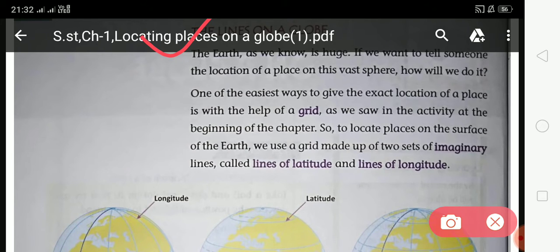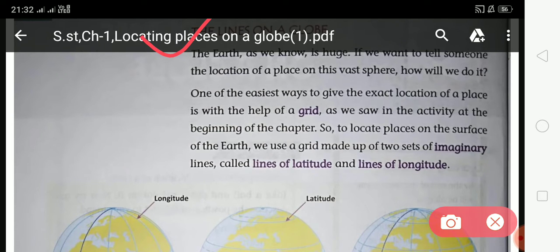As we saw in the activity at the beginning of this chapter, to locate places on the surface of the earth, we use a grid made of two sets of imaginary lines called lines of latitude and lines of longitude. Imaginary means something that is not really true.